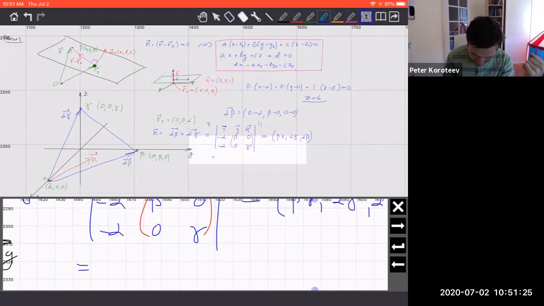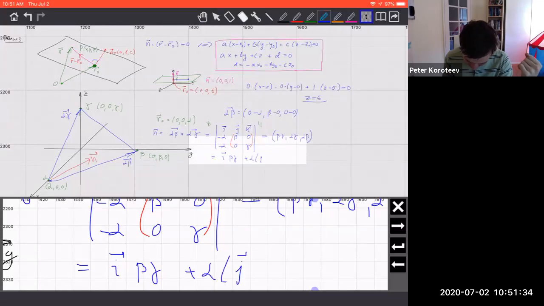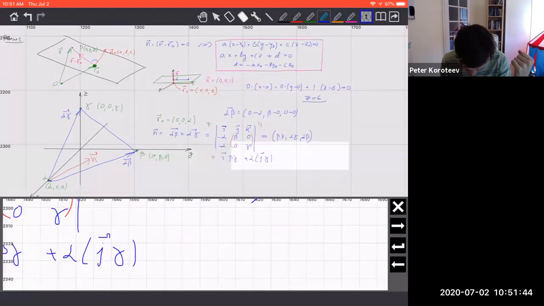Let's just pretend that we don't care and write it as I multiplied by beta gamma, and then plus alpha multiplied by J gamma. Actually, here it still works, but we're not supposed to do that. The reason why it works is really accidental. And then 1 minus alpha times minus beta k.